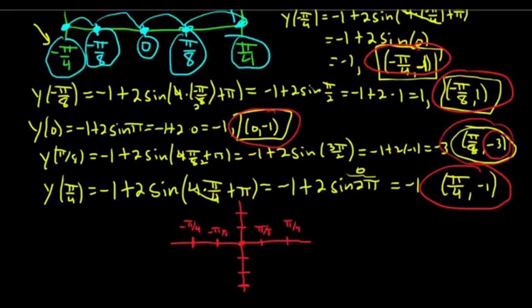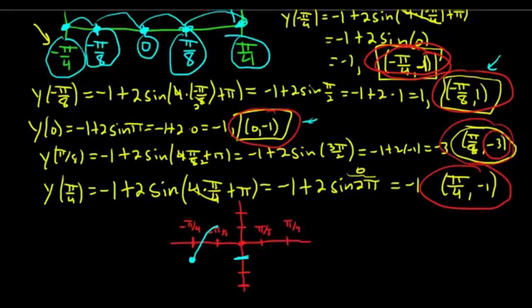So at negative pi over 4, we're at negative 1, right? That's this first one here. I'm going to use a different color. So we're here. Negative pi over 4, we're at negative 1, because this is negative 1. And then at negative pi over 8, we're up at 1. So it's going to do something like this. Right there, and that's this one here. And then 0, negative 1.